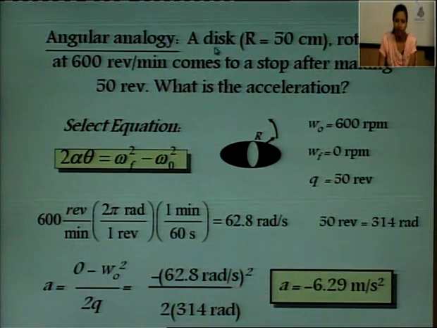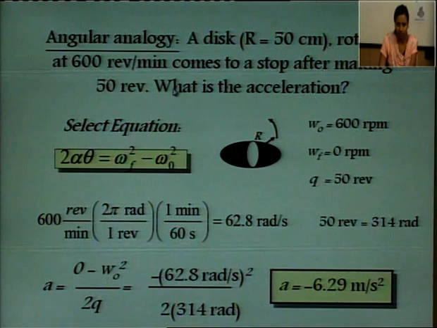Next example: a disc with radius 50 centimeters is rotating at 600 revolutions per minute. It comes to a stop after making 50 revolutions. What is the acceleration?